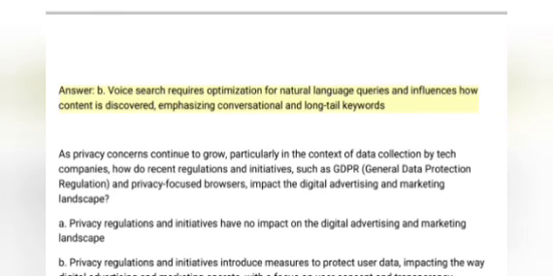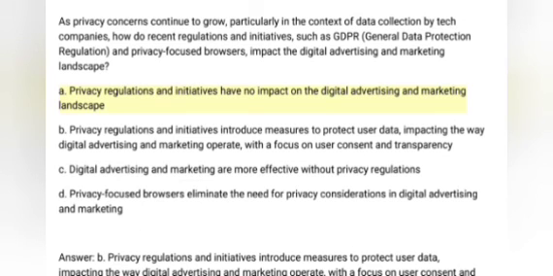As privacy concerns continue to grow, particularly in the context of data collection by tech companies, how do recent regulations and initiatives, such as GDPR (General Data Protection Regulation) and privacy-focused browsers, impact the digital advertising and marketing landscape? A. Privacy regulations and initiatives have no impact on the digital advertising and marketing landscape.